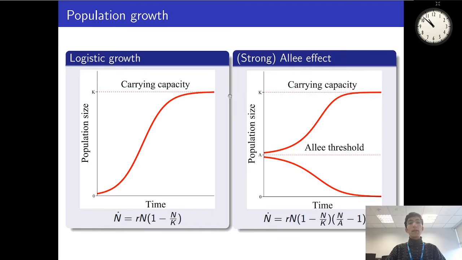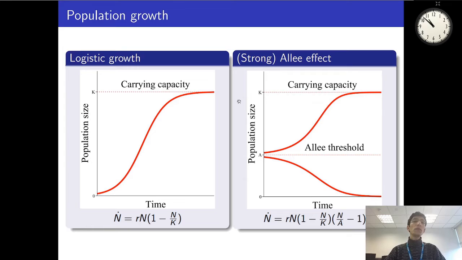A more fun model is a model with a strong Allee effect. So in this case, it's not only competition for the resources, but there is also cooperativity. Let's say you have a fish that releases some chemical from his body to the water, which makes the environment safer for him, immune to some disease.